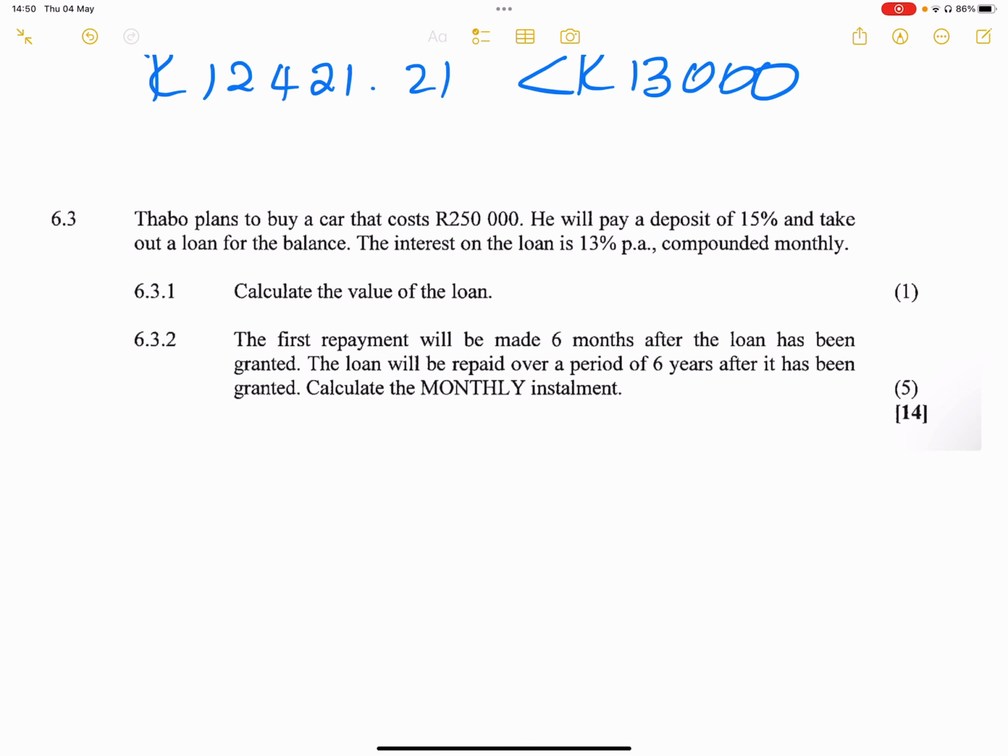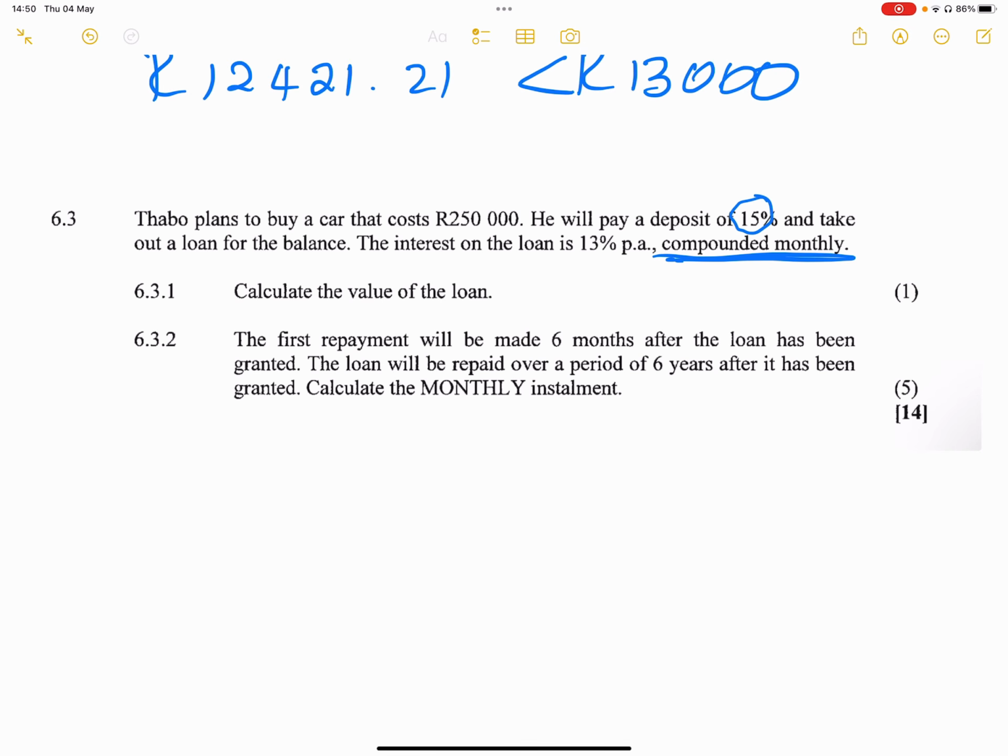So he will pay cash, that is the 15%. And of course, the interest on this loan is 13% per annum, once again compounded on a monthly basis. They say to us, calculate the value of the loan.